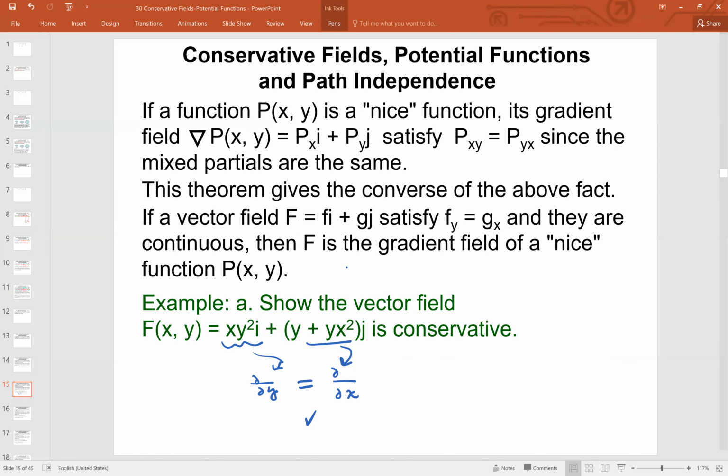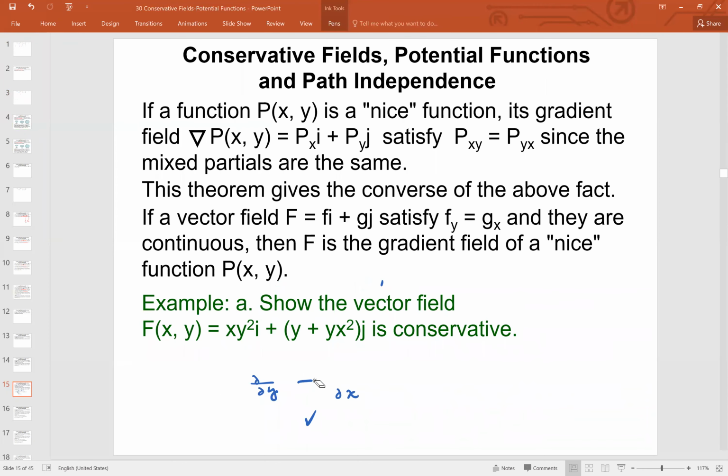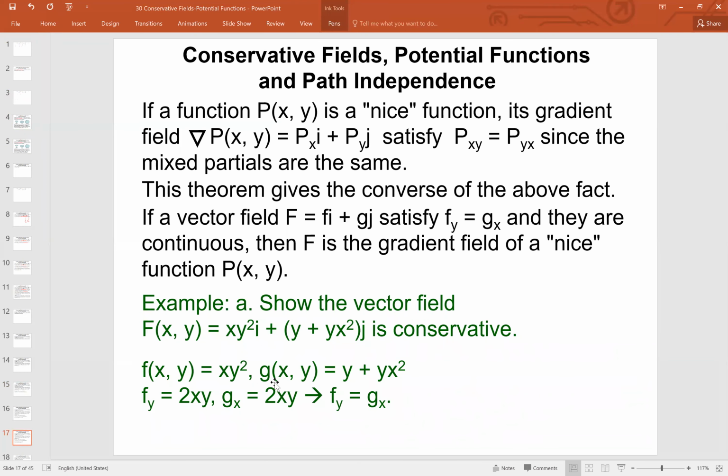If they are equal, then you can find an original potential function p of x, y whose partial derivative with respect to x is going to be this, and the partial derivative of the potential function with respect to y is equal to that. And the check is fairly easy. Just take partial derivatives of f and g with respect to y or x respectively, and they are the same. So this is a conservative field.